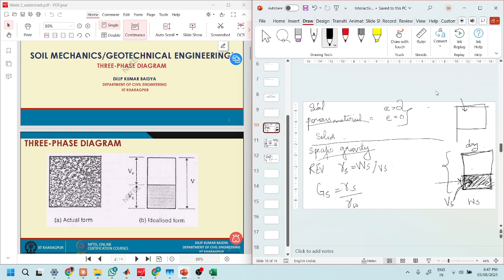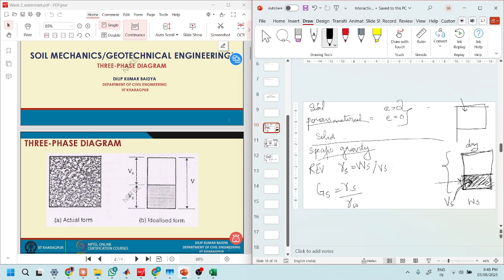So what I was saying is that this is the most fundamental way of thinking about soil types. Like in physics, for example, we think about the free body diagram. We simplify it and then try to understand what are the forces acting in different directions. So this is like that free body diagram for soil.